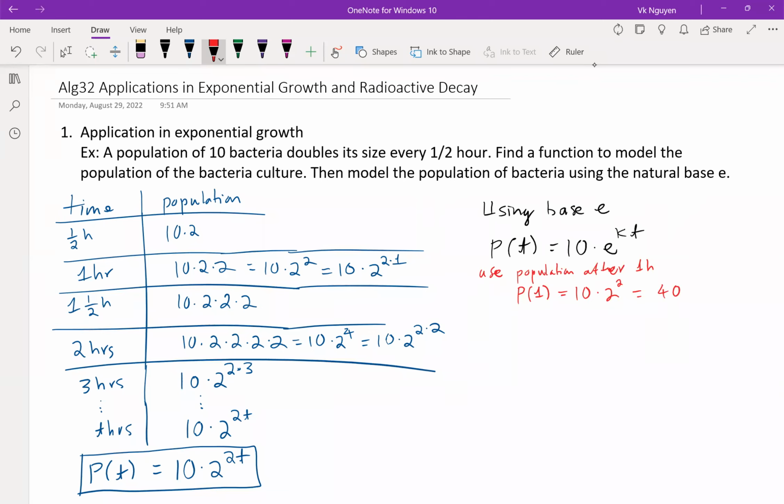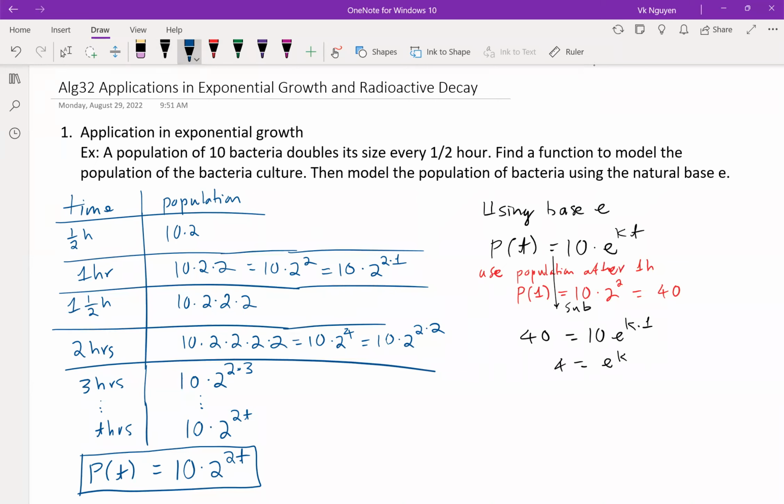We're going to use it. And what we do here is substitute. 40 is equal to 10 e to the k times 1. So divide both sides by 10, we have e to the k equal 4.